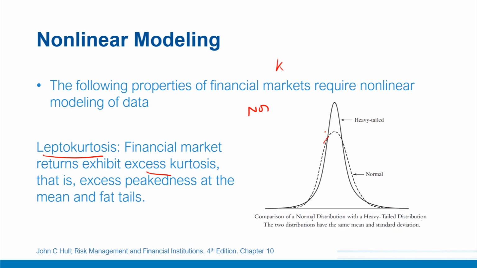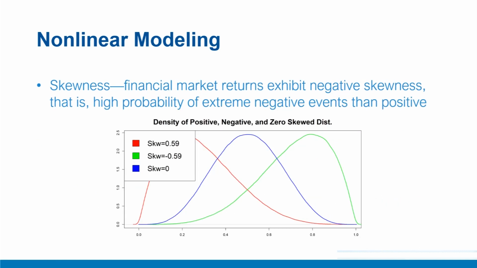For example, as compared to the normal distribution here in dotted form, the actual return distribution may be excessively peaked and also exhibit fat tails. So it exhibits fat tails, that means higher probability in extremities as compared to that predicted by a normal distribution. So it has heavier and fat tails and excess peakedness, which makes it difficult to model through linear relationships that assume normality.